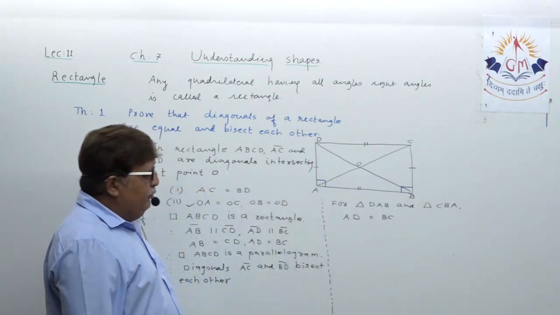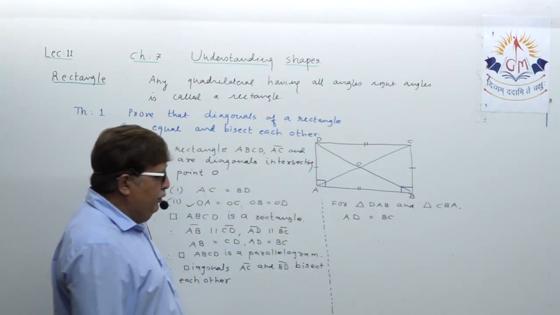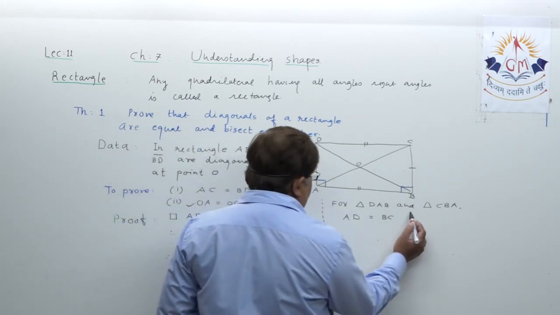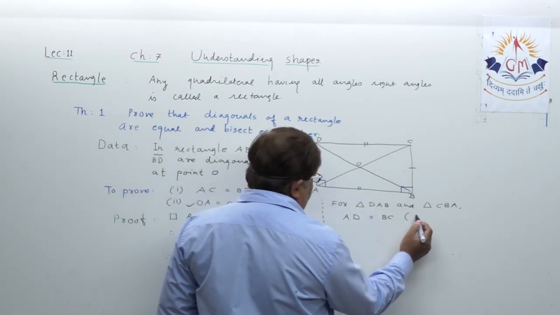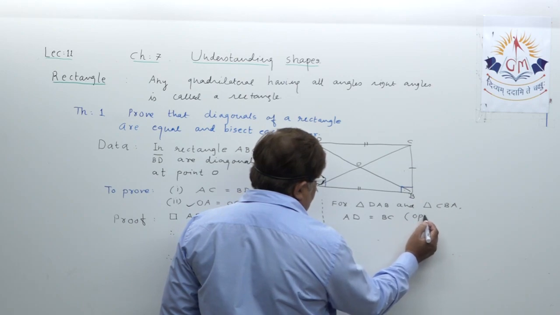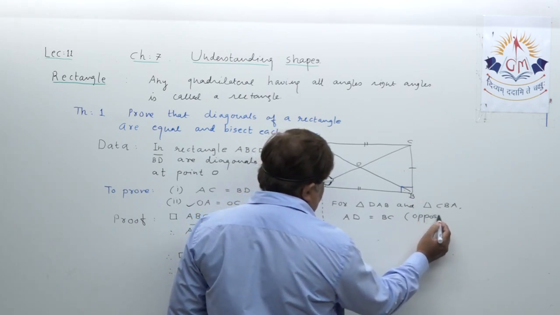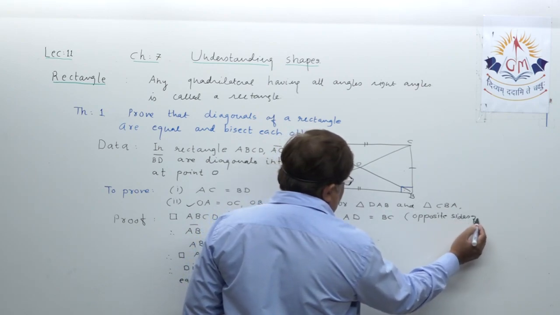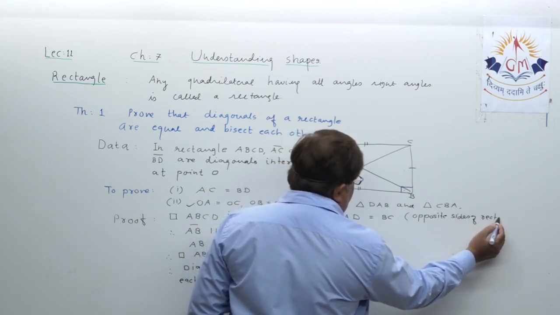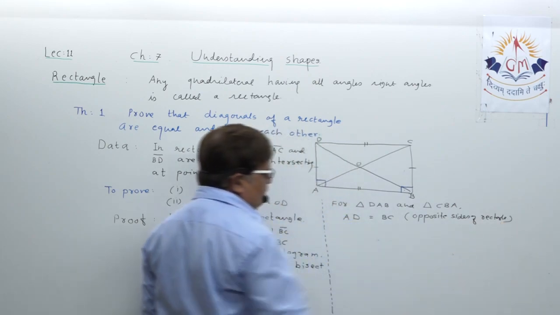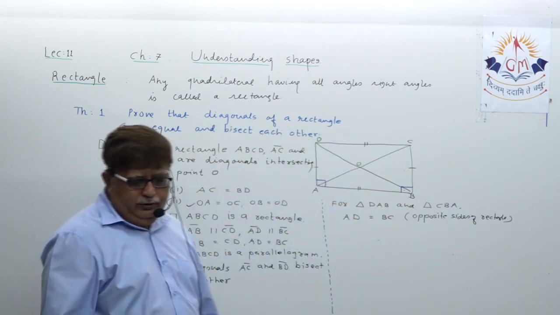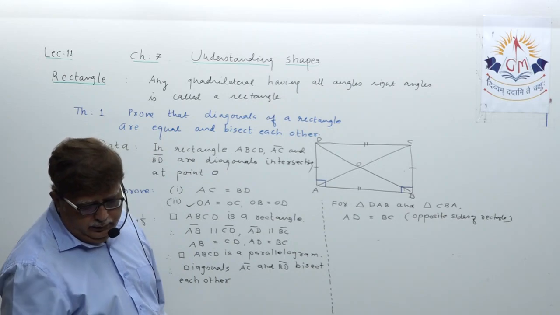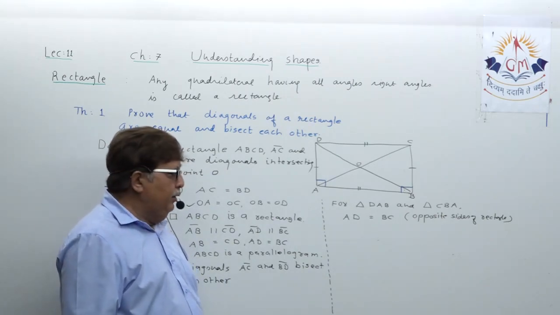So one pair of sides has been proved congruent. In the reference, you can simply mention opposite sides of rectangle.